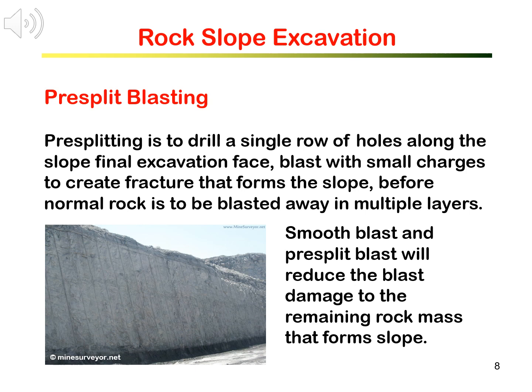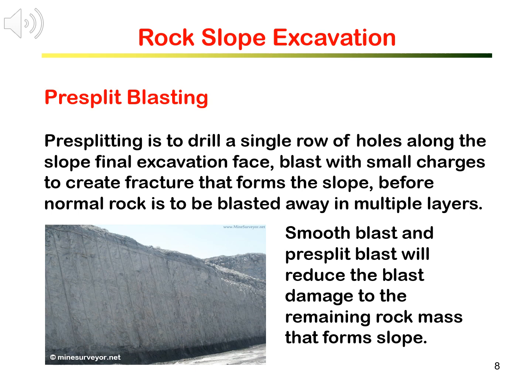We produce the slope face in the rock first before removing the rock in the front. After the pre-split blasting, then we conduct normal bench blast to blast away the rocks layer by layer until it reaches the pre-split slope face.